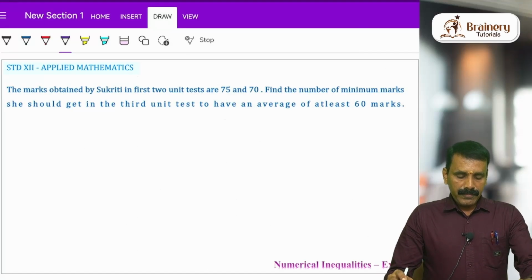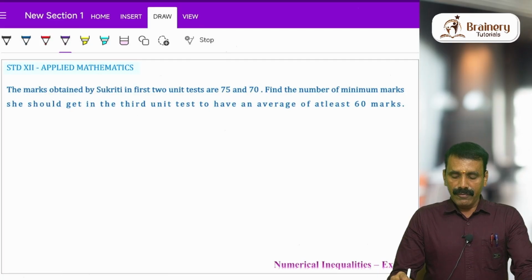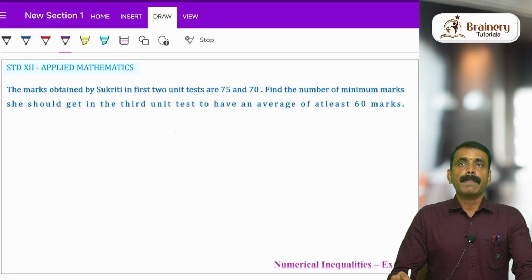Consider this problem. The marks obtained by Sukriti in the first two unit tests are 75 and 70. Find the minimum marks she should get in the third unit test to have an average of at least 60 marks.